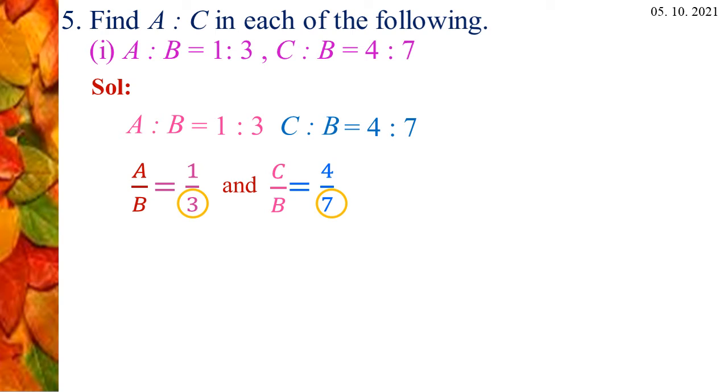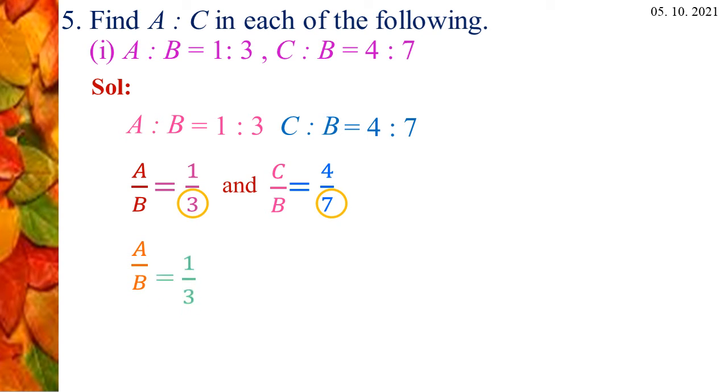A equals 1, B equals 3, C equals 4, B equals 7. A has one value, 1, C has one value, 4, and B has two different values, 3 and 7. Now we have to find the same B value.